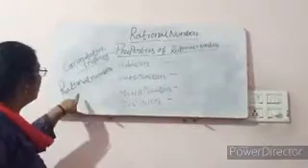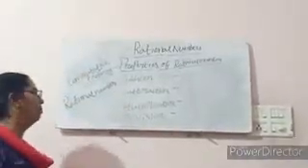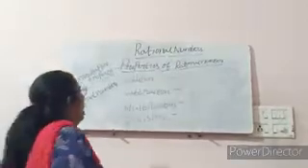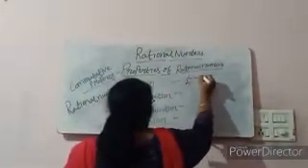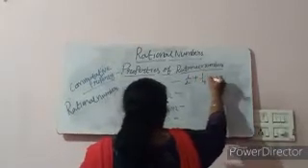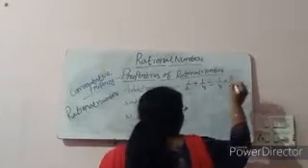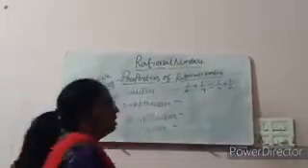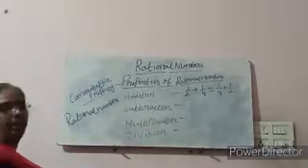Now we will see the commutative property on rational numbers. Here also addition satisfies. So 1 by 2 plus 1 by 4 is 1 by 4 plus 1 by 2. If you do, the results are same. So addition satisfies the commutative property.